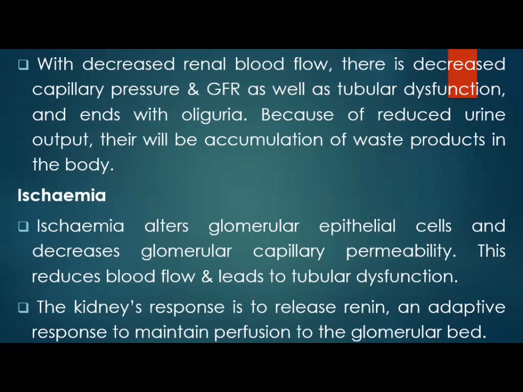Meaning the amount of blood that is coming into the glomerulus will reduce further. This reduces blood flow and leads to tubular dysfunction. So because of the ischemia that is now altering the blood vessels of the glomerulus, there will be further reduction of the blood being supplied to the glomerulus.